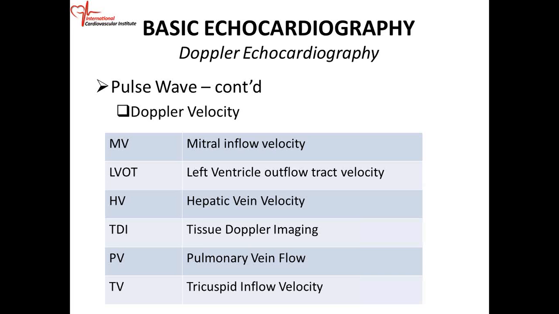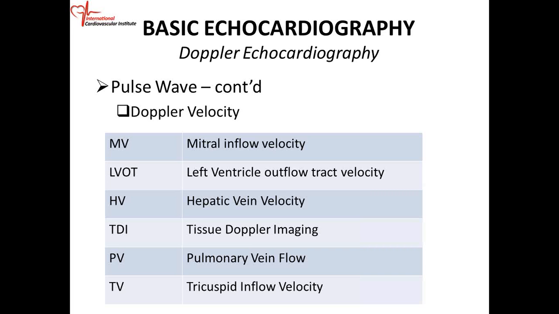When we're doing the hepatic vein, if you remember your anatomy, that's a subcostal view, and we see the IVC, and the hepatic vein joins the IVC. So we'll just put the Doppler there, and it's important. In further lectures, you'll see the importance of assessing hepatic vein flow. That's also a pulse wave.